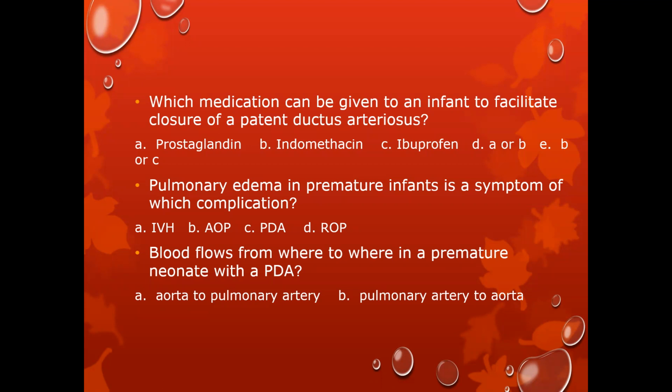Pulmonary edema in premature infants is a symptom of which complication? C. Very good. Letter C. If they have a patent ductus arteriosus, there's a lot of blood flowing from the aorta into the pulmonary artery, and all that excess blood flow in the pulmonary vessels can lead to pulmonary edema.